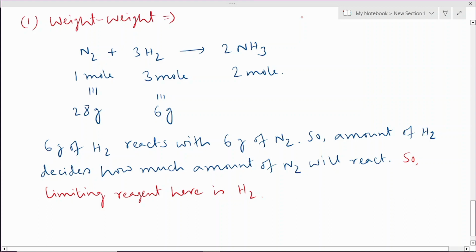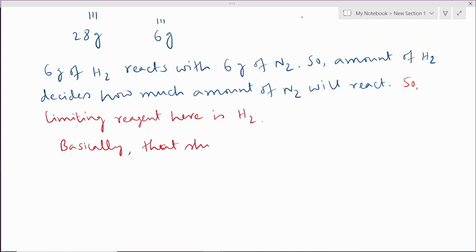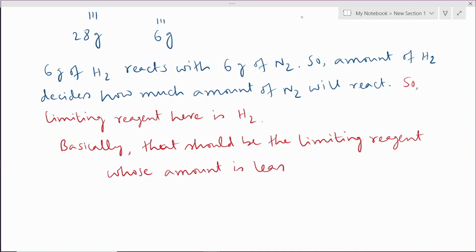Basically, among the reactants, that reactant would be the limiting reagent whose amount is least among the reactants.